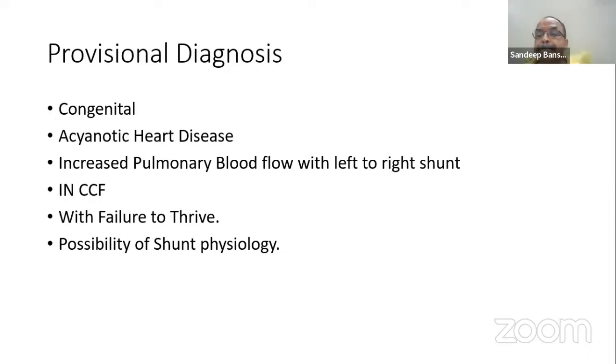It could be either of the above, but VSD is more common, more prevalent. VSD is the most common congenital heart disease.